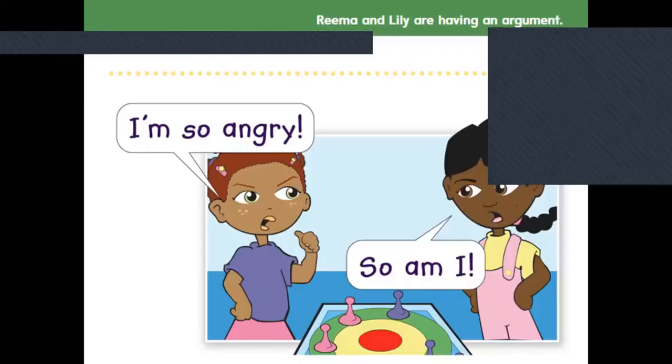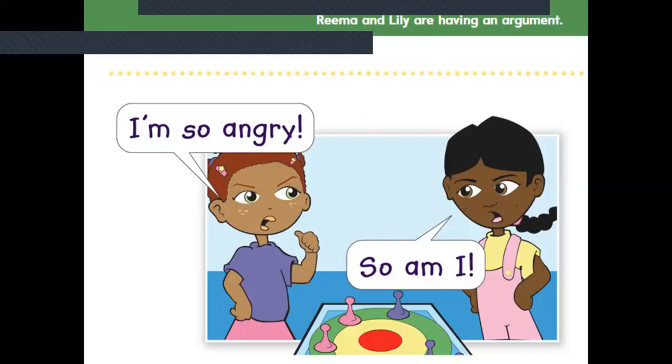All right, let's look at Rima and Lily. Rima and Lily are having an argument. So what do you think is happening between Rima and Lily? They're arguing over something.